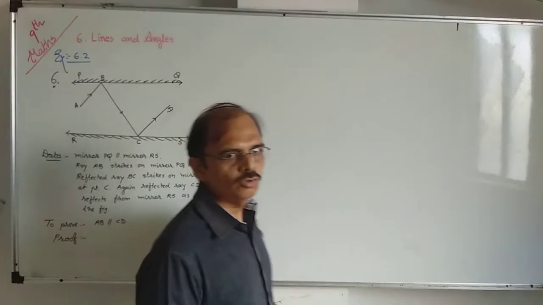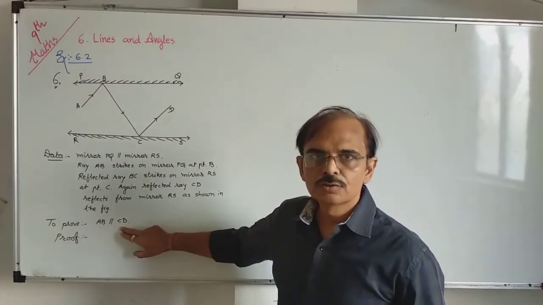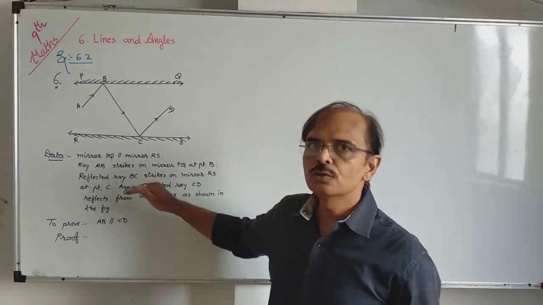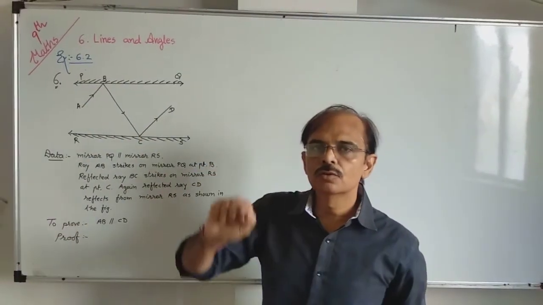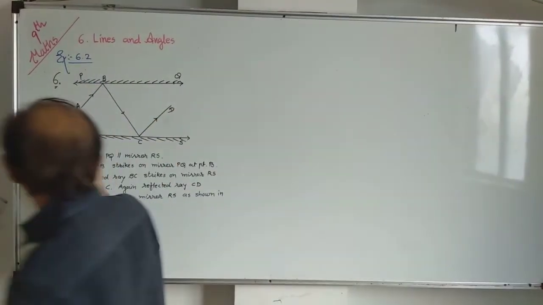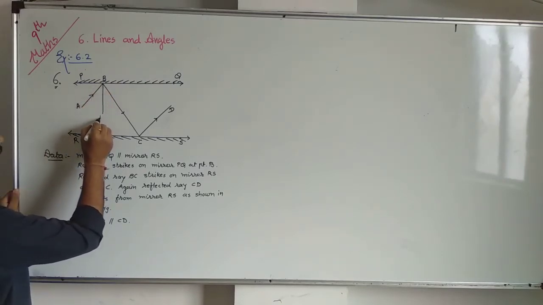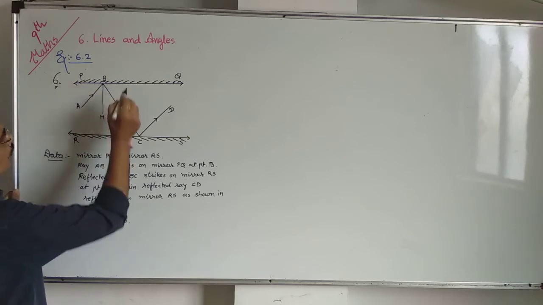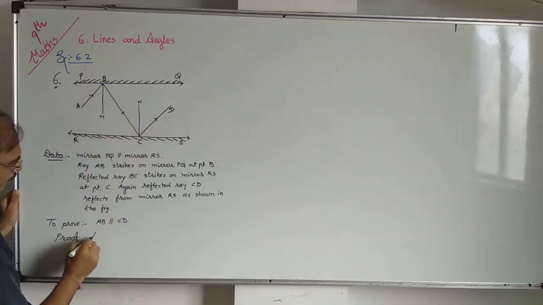Right? So, to prove AB parallel to CD, what should you do? This angle and this angle you have to make equal. Okay? How? Now draw a perpendicular, that is called a normal. Let BM be perpendicular to PQ and CN perpendicular to RS.